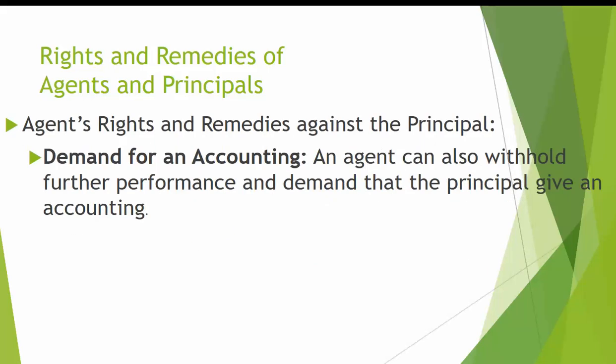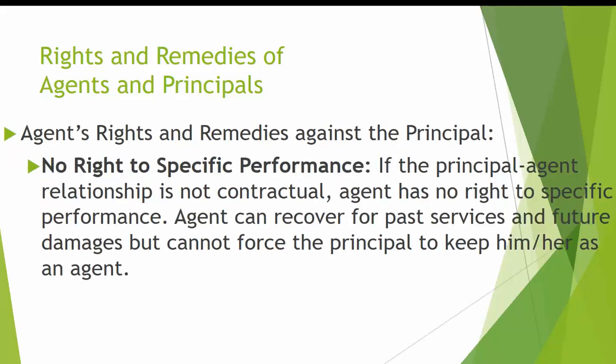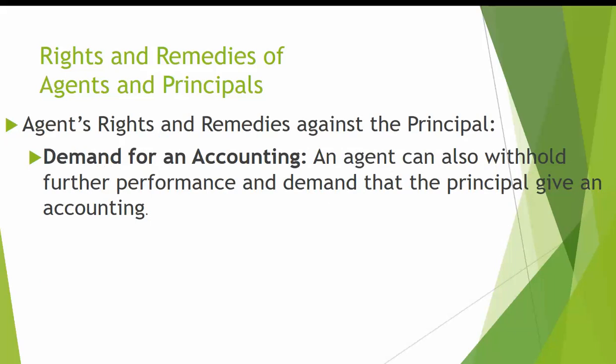That demand for an accounting, to say I must see these books and records, the agent has every right to say, I'm not going to do this, and I wanted to touch on that for another minute. Agents can say to the principal, I'm not comfortable with either what you've asked me to do, or I'm not comfortable that you'll be able to pay me the fee that I'll be entitled to.